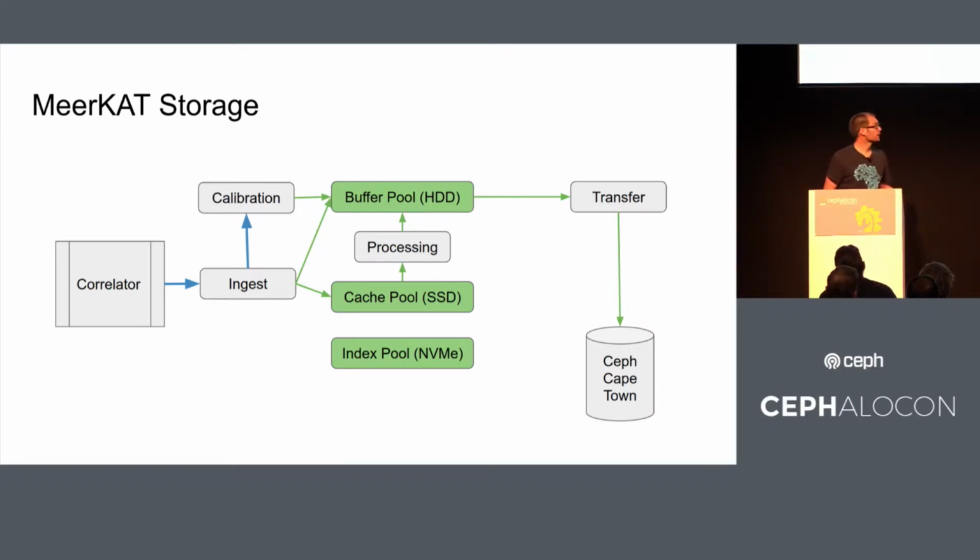Our transfer daemon or transfer processes is all custom in-house software that we've developed to fulfill our needs, and that is to move our data from the site to the Karoo. And the reason we've done it ourselves is because we've got certain tokens that we look at in the data and decide when to move which observation.